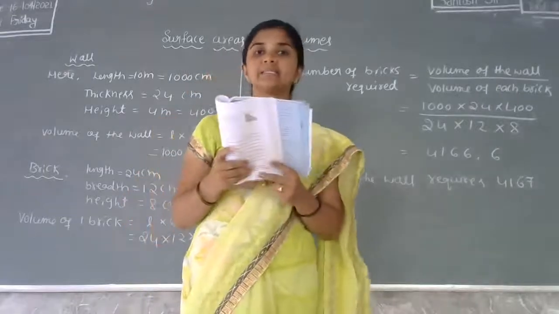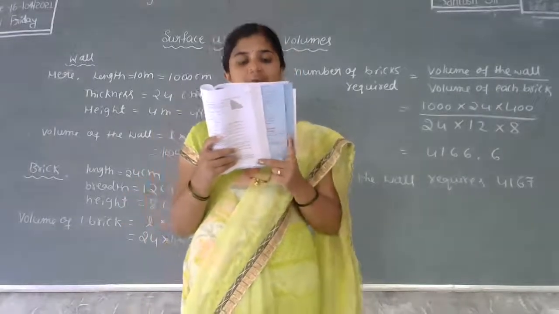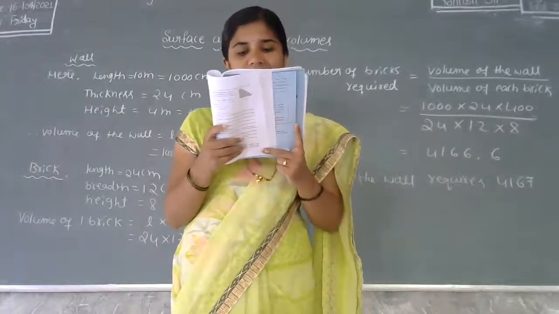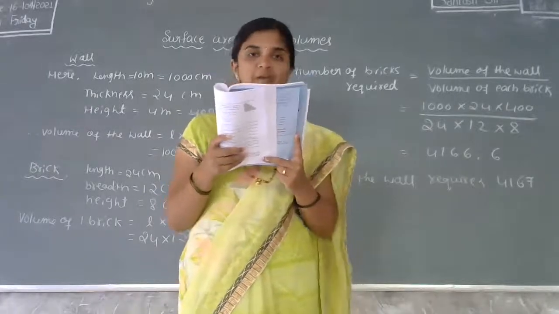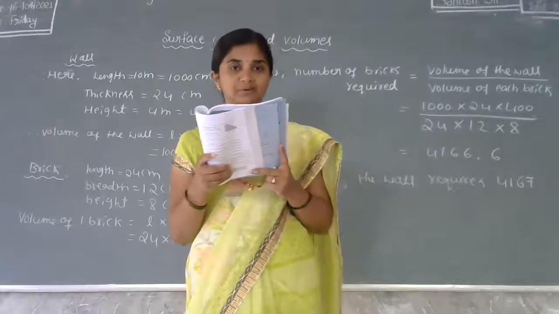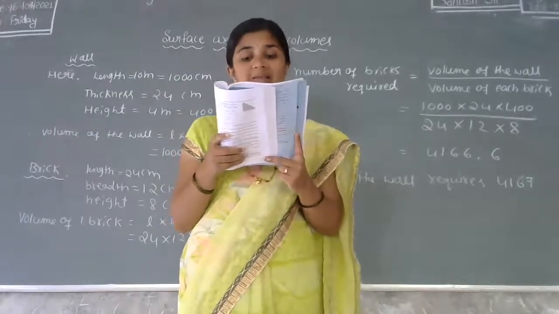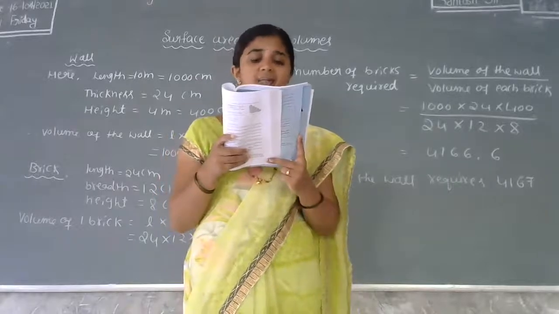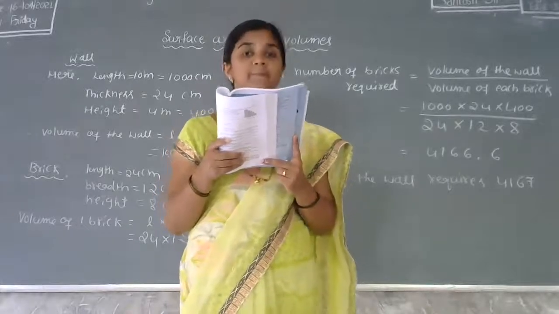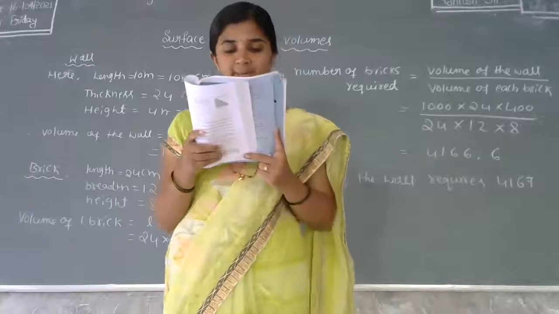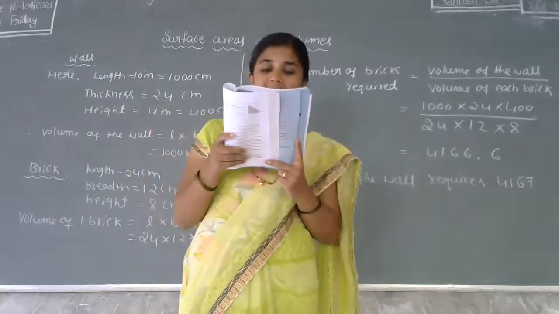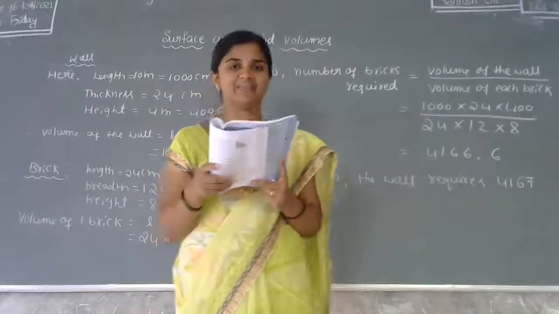Example 11. A wall of length 10 meter was to be built across an open ground. The height of the wall is 4 meter, and the thickness of the wall is 24 centimeter.